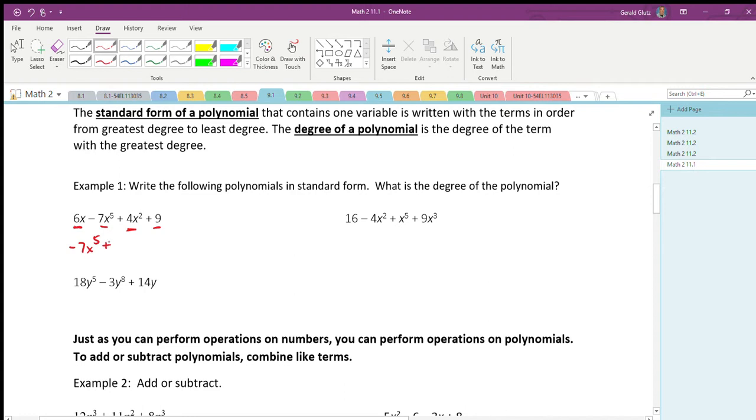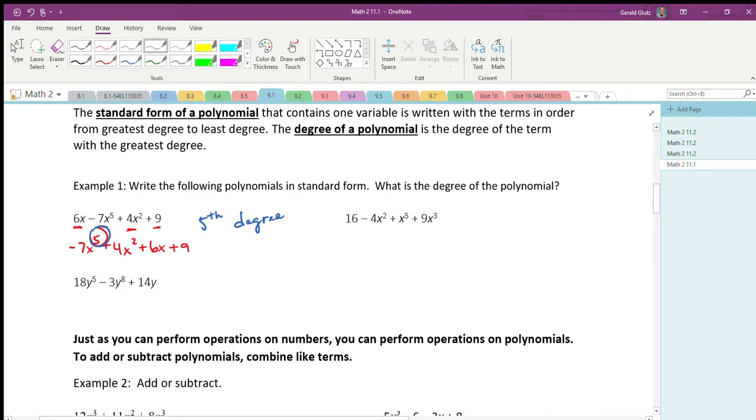The squared is next, so plus 4x squared, and then x. So plus 6x, and then plus 9. So this is standard form because the exponents are in order from greatest to least. So the degree measure is just whatever the highest exponent is. So in this case, it is 5, so this would be the 5th degree.